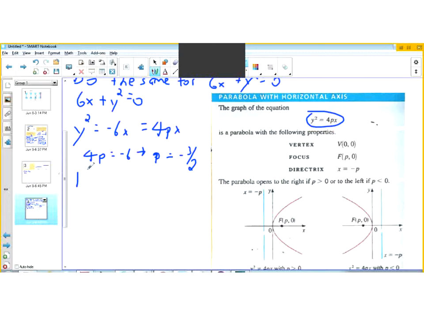So therefore, your focus would be at (negative 3/2, 0). And your directrix, of course, would be the line x equals 3/2. This is the directrix.